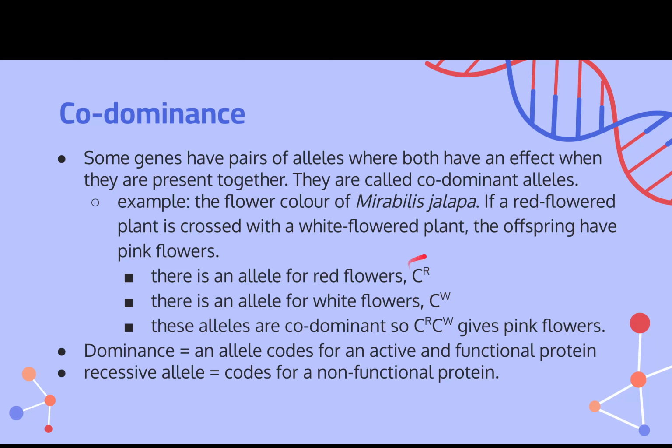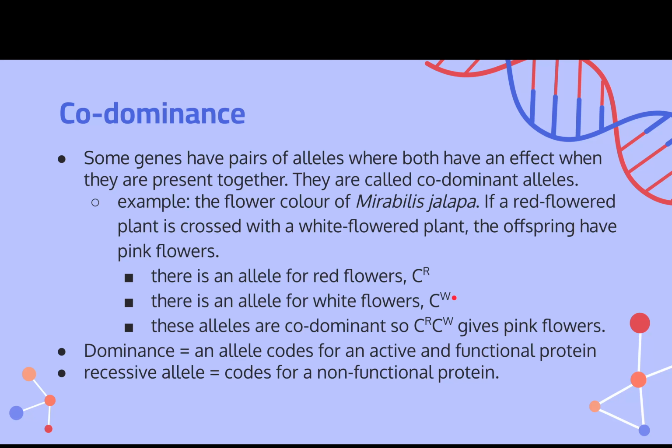When you see something like this, it's usually either codominance or sex linked. However, if it's sex linked, then it's going to be with an X. It's not going to be any other letter in the normal case. So, codominance, in this case, CR/CW, if they're mixed, then they're going to have pink flowers, which are CR/CW, and they're both codominant. And that's why they're noted like this.